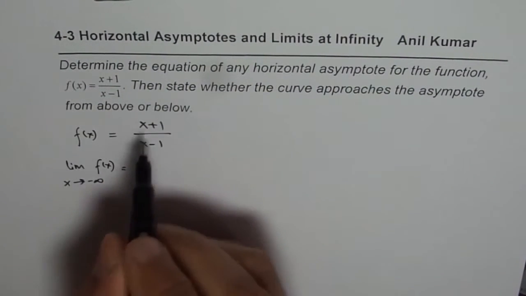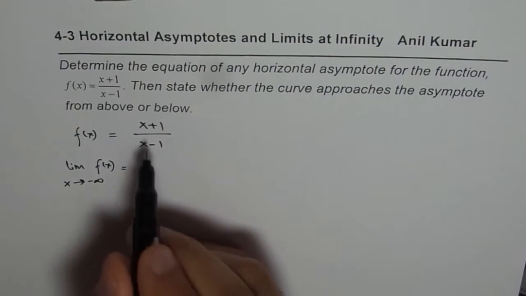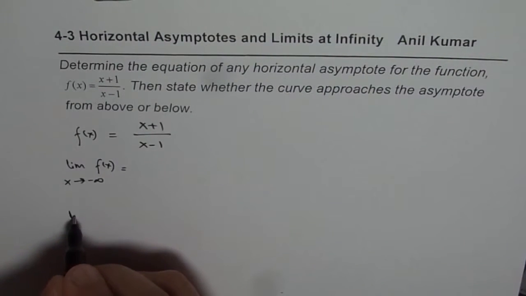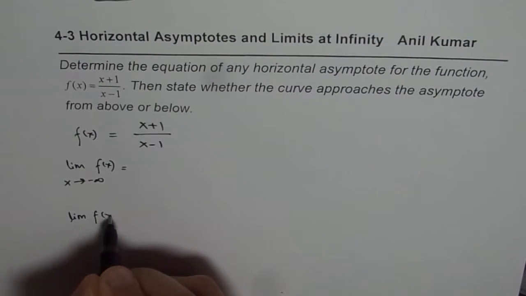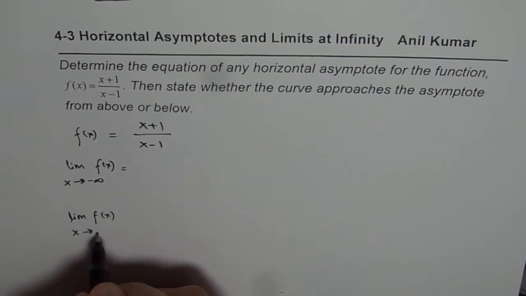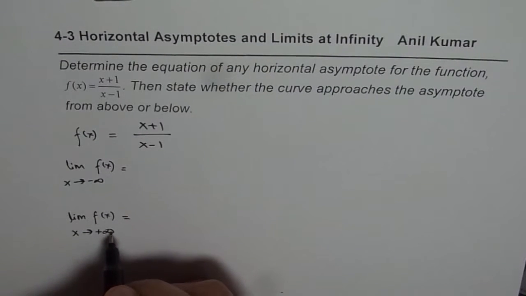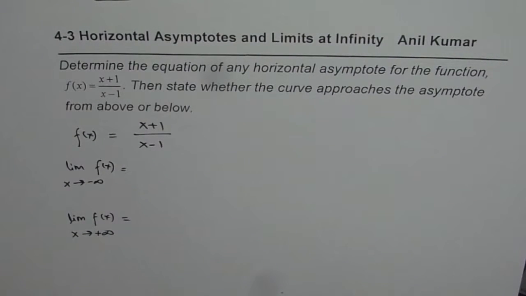If the function approaches a value, we say it has a horizontal asymptote, right? Similarly, we'll also find the limit of f of x as x approaches a large positive value. If the function approaches a fixed value, that is the equation of the horizontal asymptote.